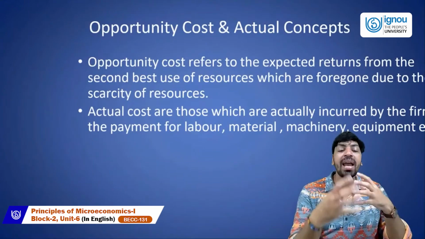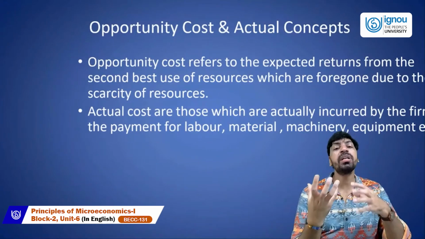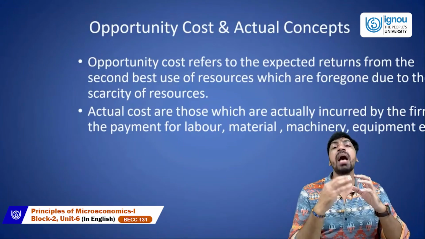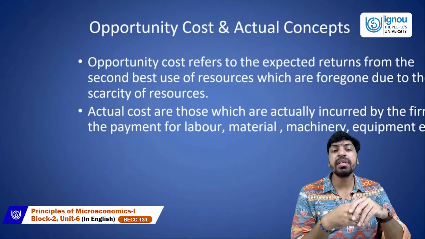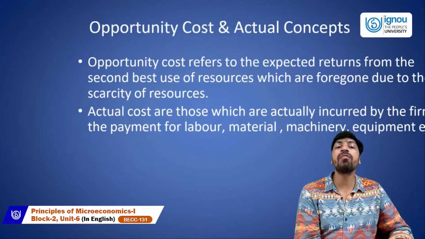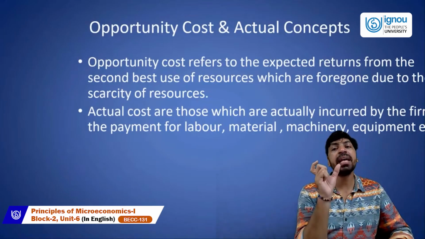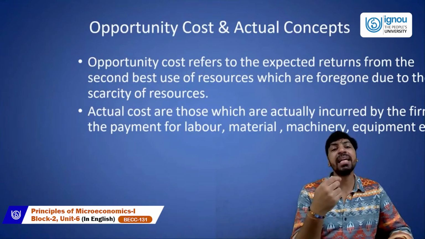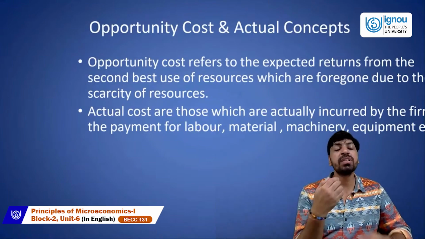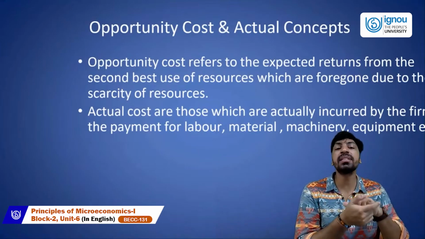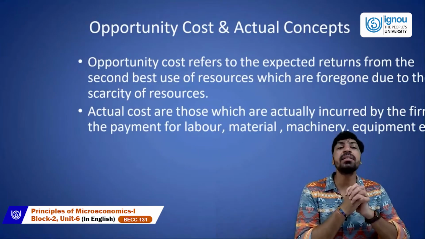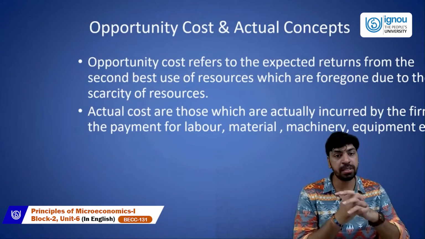It means that while gaining one unit of labor, a particular researcher or firm has to forego the second best alternative, and the expected returns from the second best use of resources which have to be sacrificed due to the scarcity of resources is called the opportunity cost.